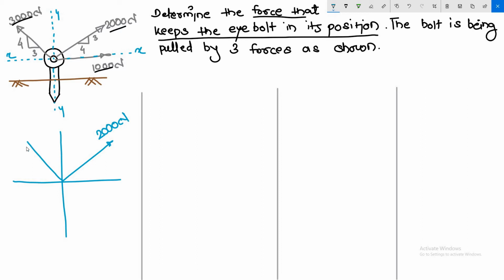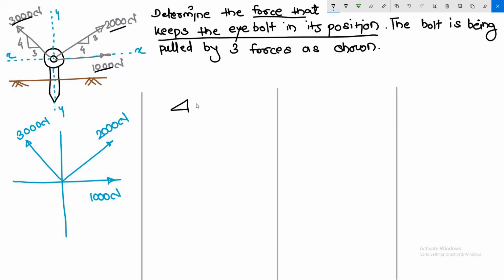Actually, this xy system has already been indicated on the diagram itself, and this is the 1000 Newton force. Now the angles are given in the form of slope, therefore we have to determine the value of thetas for the 2000 and 3000 Newton forces.